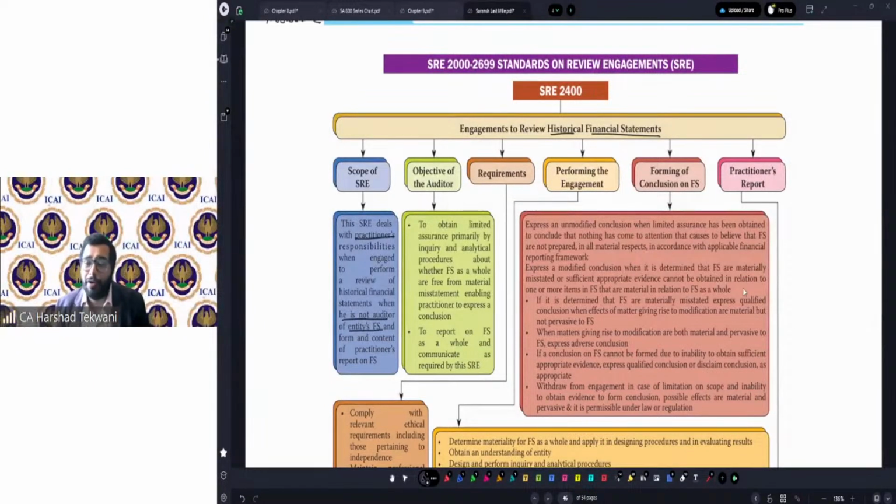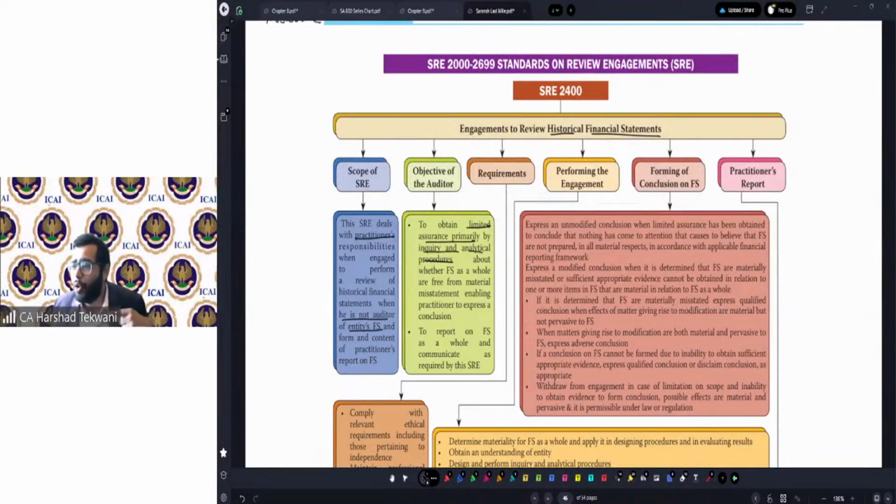Now, the objective of the auditor under review of a historical financial statement is that here the auditor has to issue limited assurance, primarily by inquiry and analytical procedures. So I am leveraging my work around inquiry and analytical procedures.